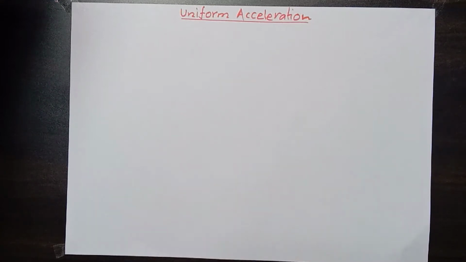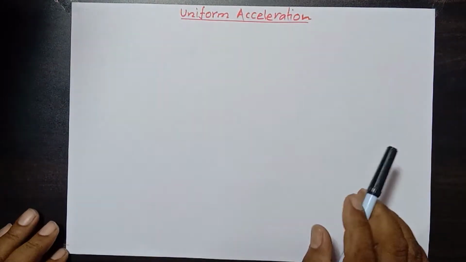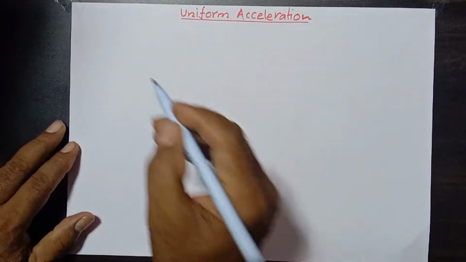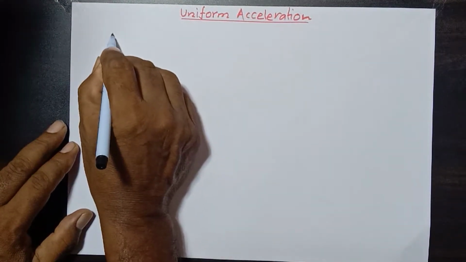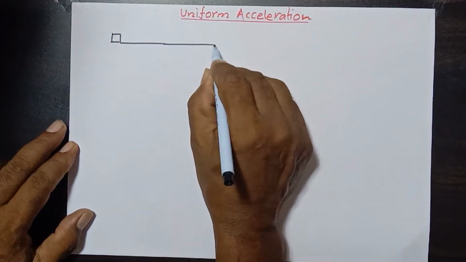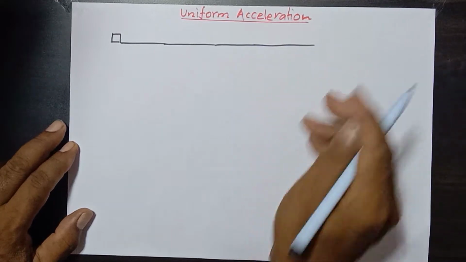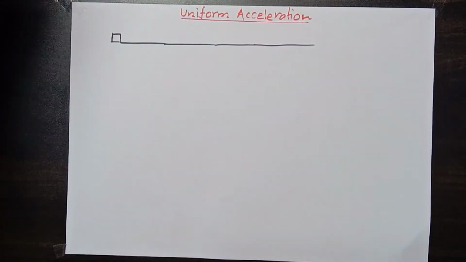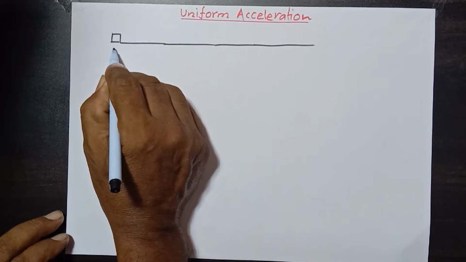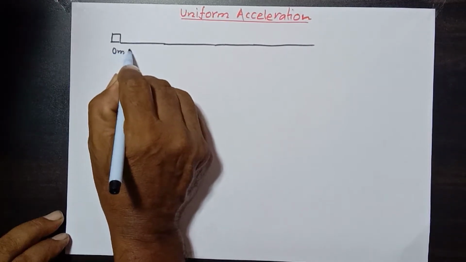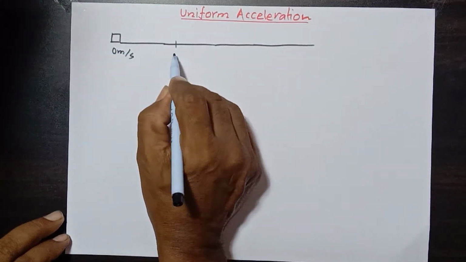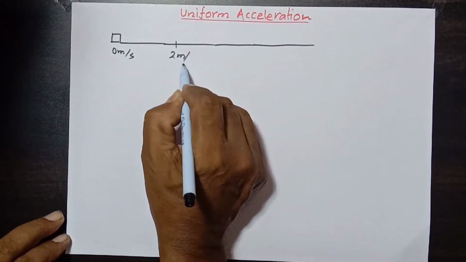I want to take an example first of uniform acceleration and then I'll define it. Look at this, a body which is moving in this direction. Let's say first it is at rest, and that's why its velocity is 0 meter per second, but at the end of 1 second, let's say its velocity is 2 meter per second.